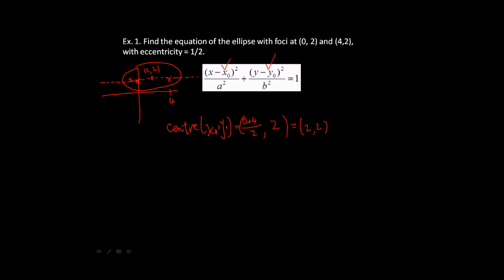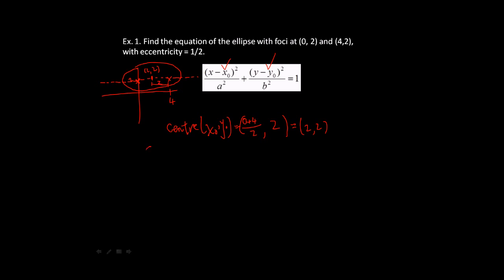So the next thing is to find a and b, of course. And how are we going to do that? Now let's take a look at the sketch again. Now remember that the measurement c of an ellipse is simply the distance between the center and one of the foci points, right? So if it is 2, 2 and this is 4, 2, then we know that c equals 2, right?